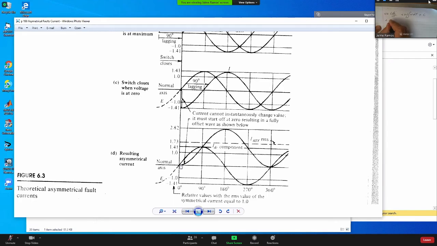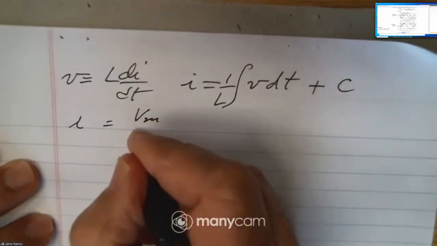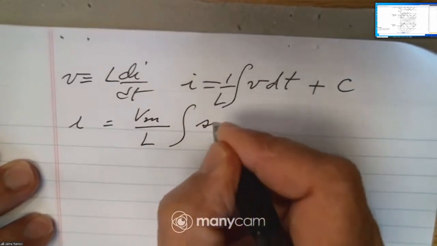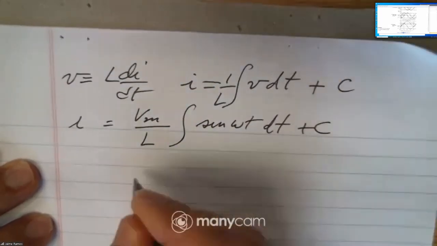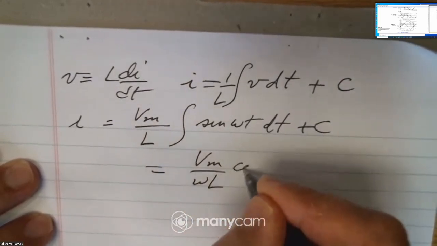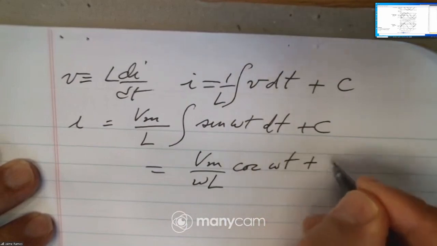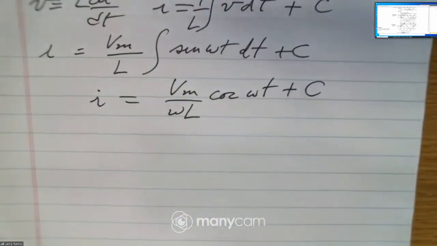So therefore, current is equal to voltage Vm max over L, integral of sine omega t dt plus C, equals Vm over omega L cosine omega t plus C, the integration constant. So that's what he did here.